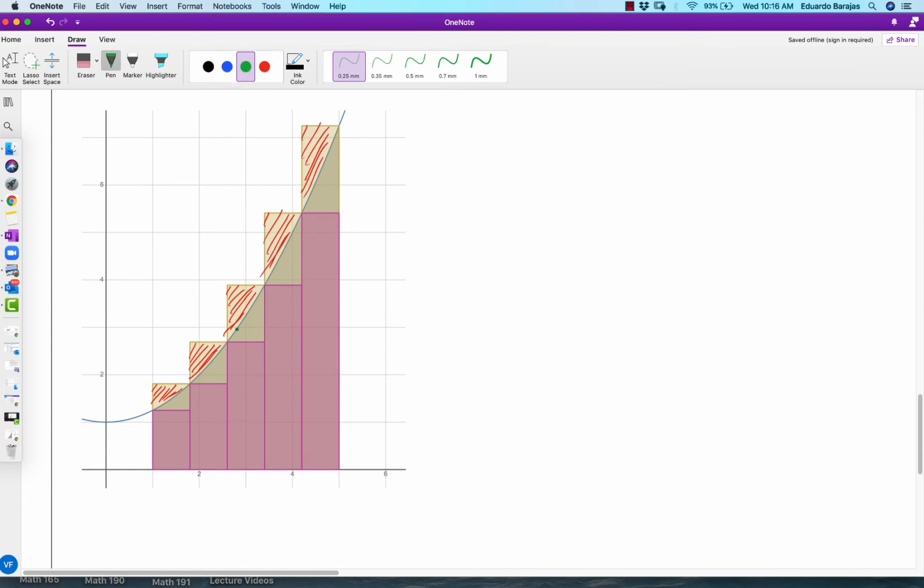Under the other estimation, the error was these almost triangles that I'm drawing in green. So the sum of all the greens is the error from one estimation, and the sum of all the reds is the error under the other estimation.